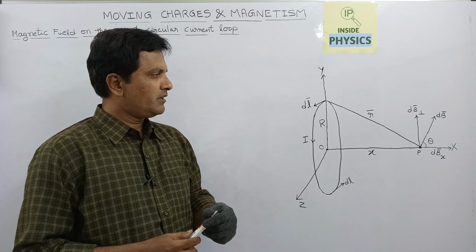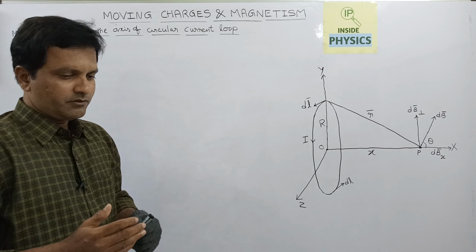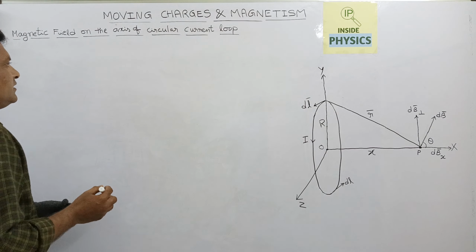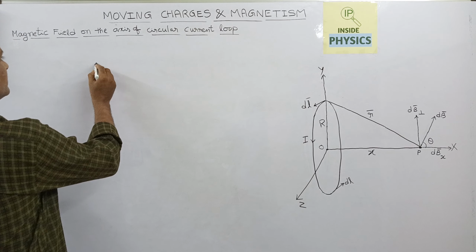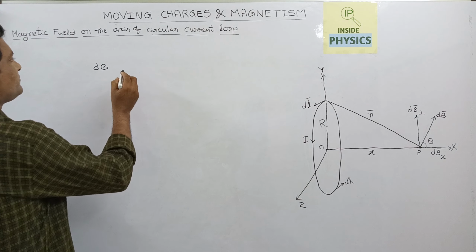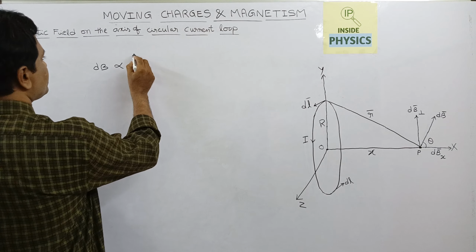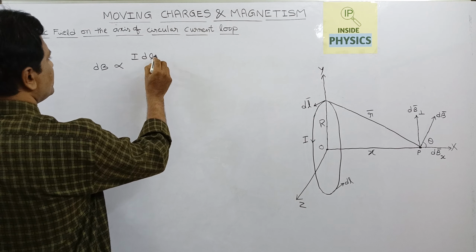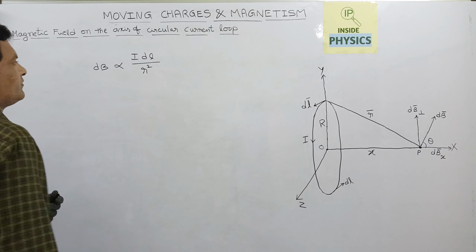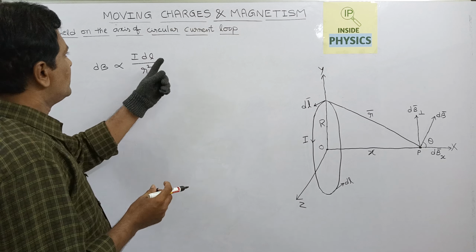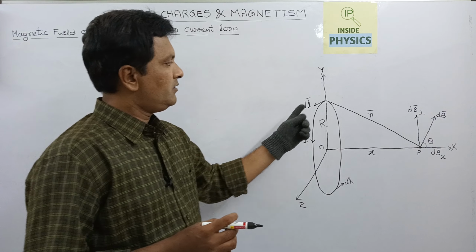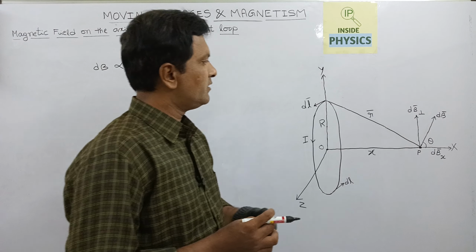So how do we calculate the magnetic field? Here we take the help of the Biot-Savart law again. See what the Biot-Savart law says. The magnetic field developed due to a current carrying element is directly proportional to the current element and inversely proportional to the square of the distance from the current element to the point we have taken, the position vector, the distance r.